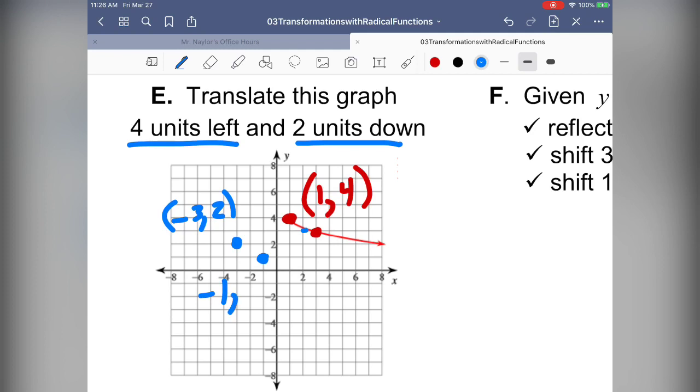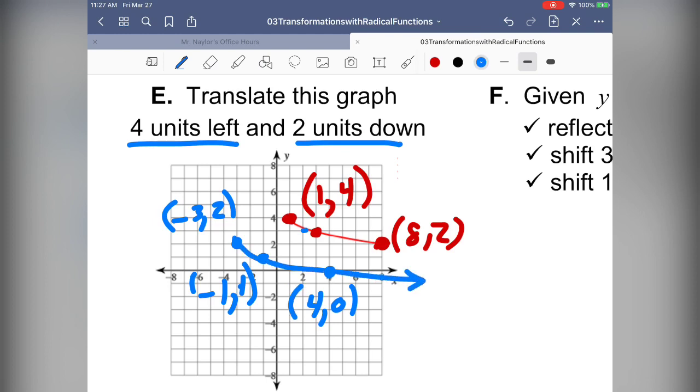And we could take this point out here. I believe it's the point 8, 2, and we can do the same thing with that. We can move it 4 units left and 2 units down, and that would arrive at the point 4, 0. So can we take something that has already transformed and transform it more? We sure can. It just means moving every point.